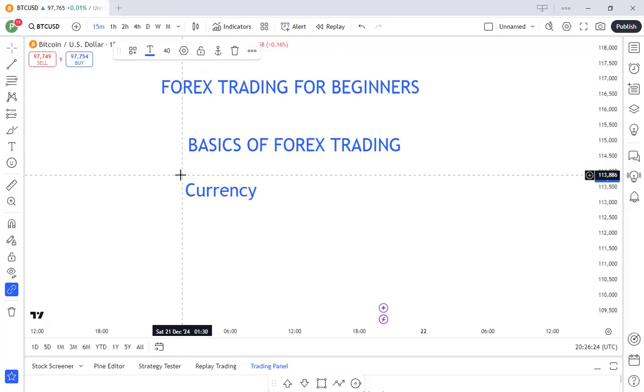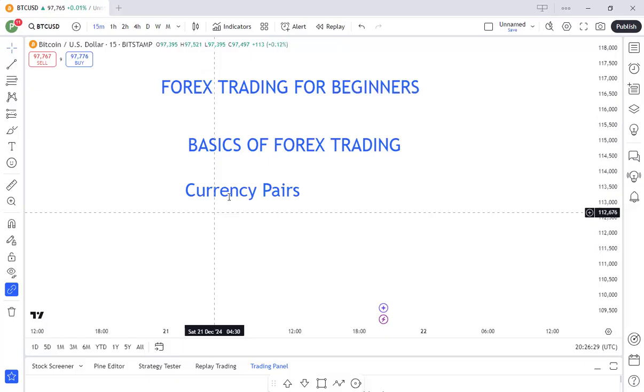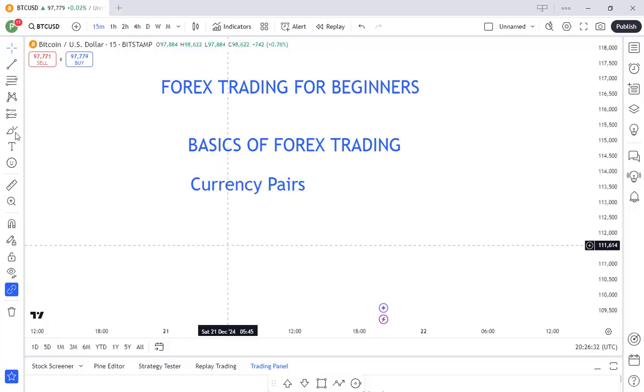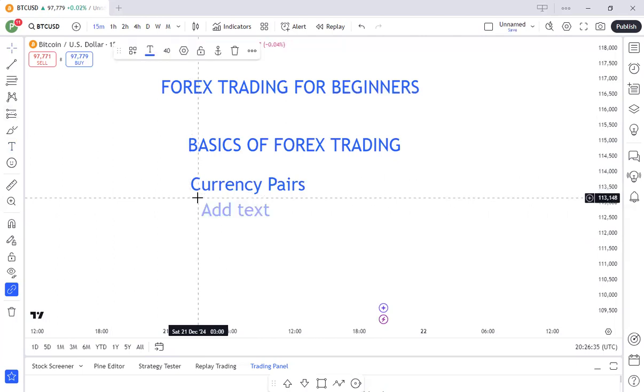Then we have the lot size, and we have the leverage. We have take profits, we have stop loss.